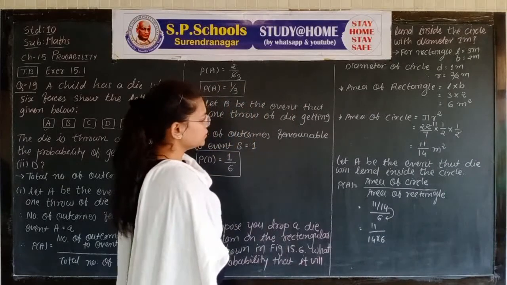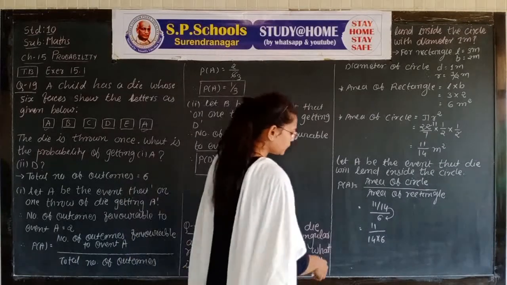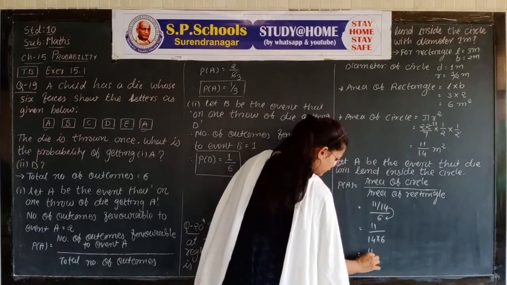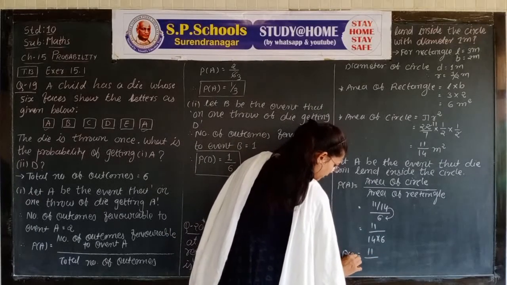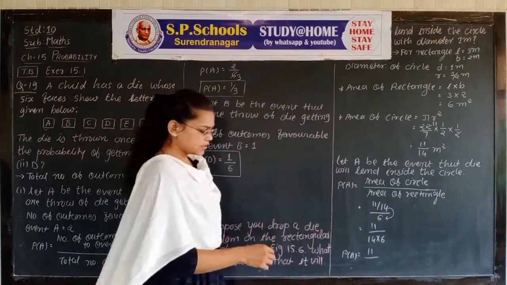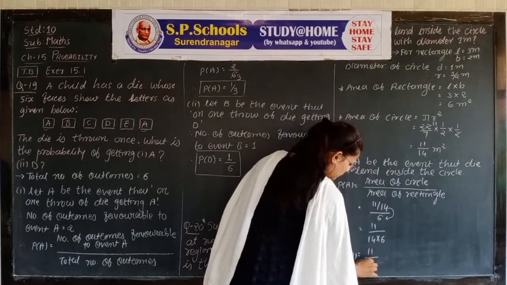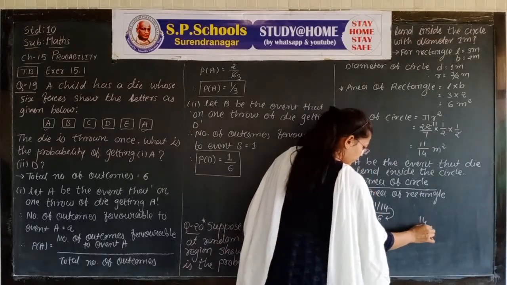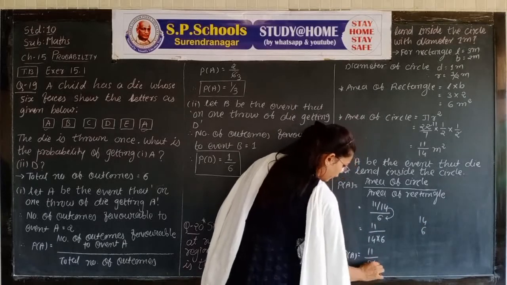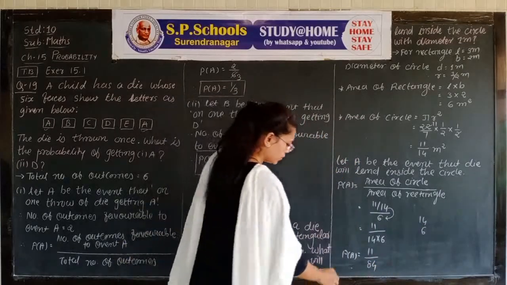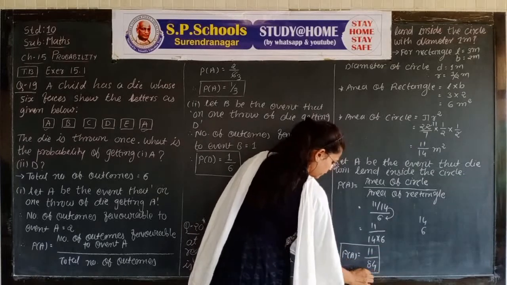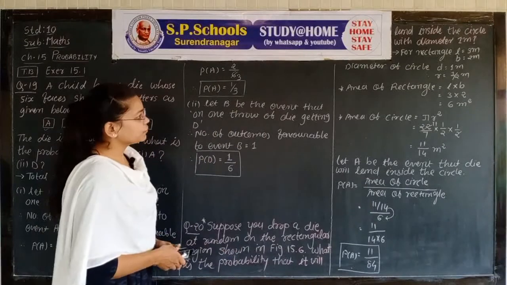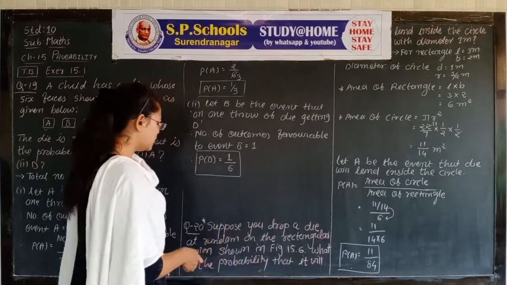Here the cut is not possible, that's why we multiply 14 by 6, and 11 as it is. If you are not able to do it directly, do the multiplication. 14 into 6 gives us 84. P of A is equal to 11 upon 84, which is the probability that the dice will land inside the circle.